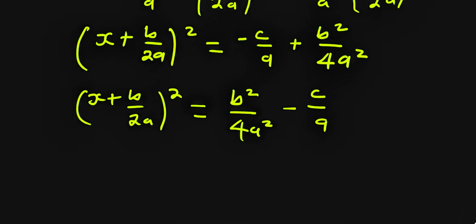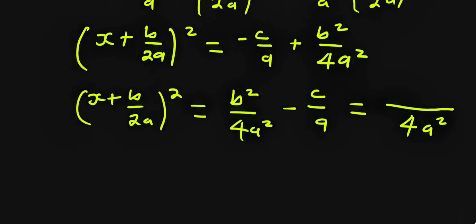So we can go ahead and simplify what we have on the right hand side by just combining the two. So remember, we have 4a squared and we have a, so the LCM between the two is just 4a squared. So let us combine the two using that LCM.